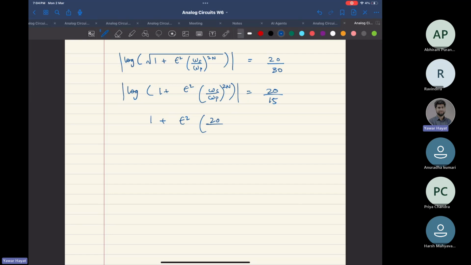That is 20 by 15, raised to the power 2n. 20 by 15 is how much? 4 by 3, correct?